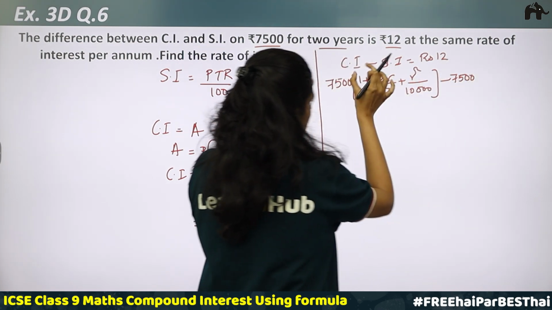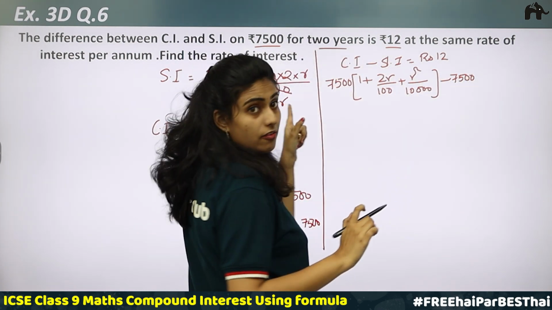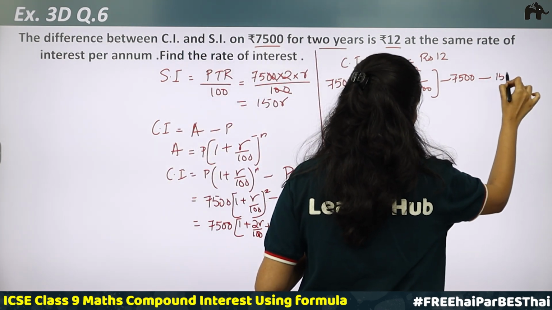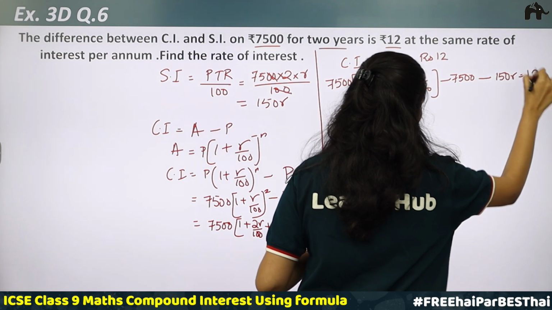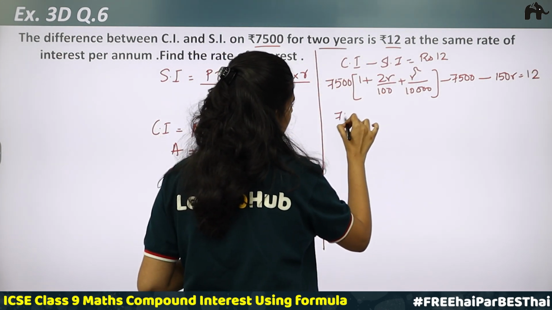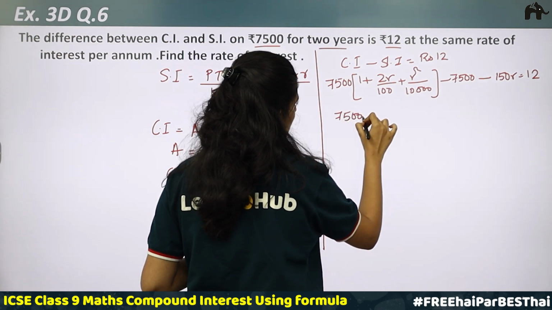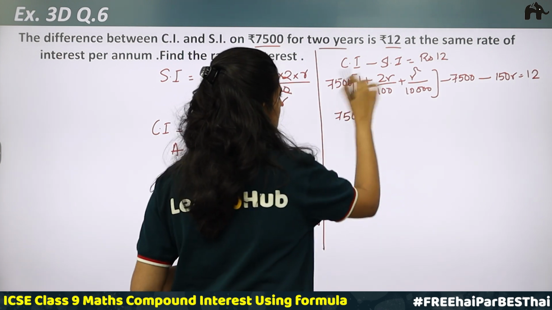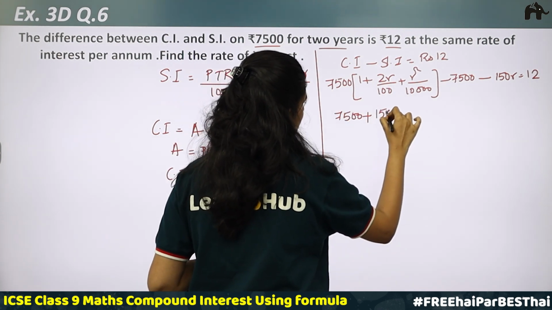So this is compound interest. Now the simple interest is 150R. So minus 150R is equal to 12.